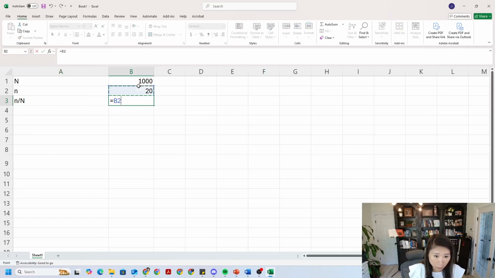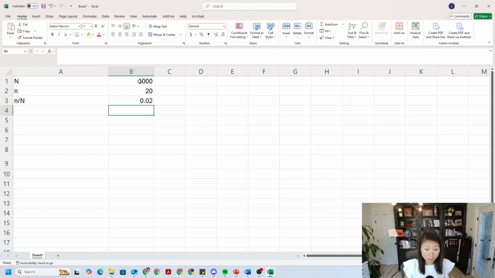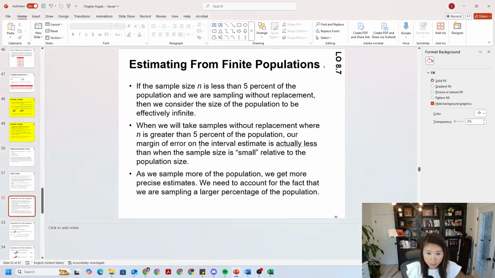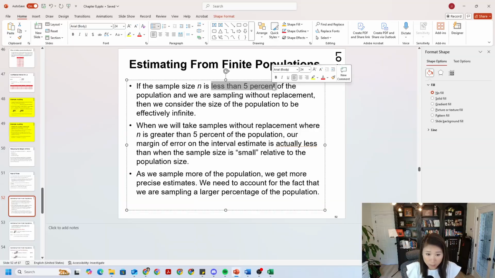Let's do it: 20 divided by 1,000. That gives me 2%. Okay, so since it's 2%, that is less than 5%. Therefore, we believe our population is effectively infinite.